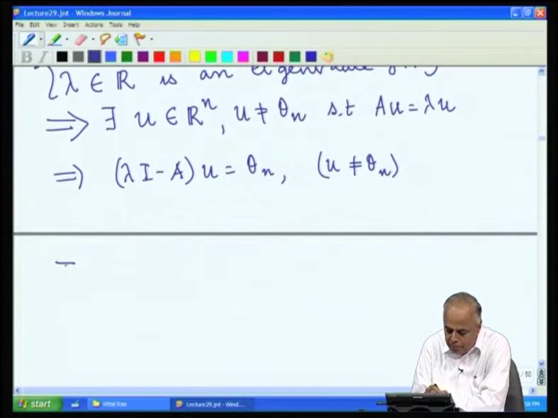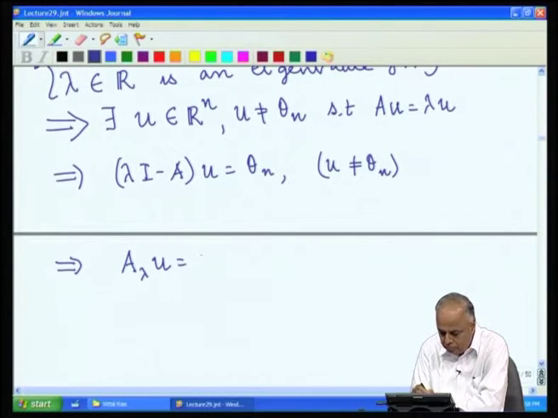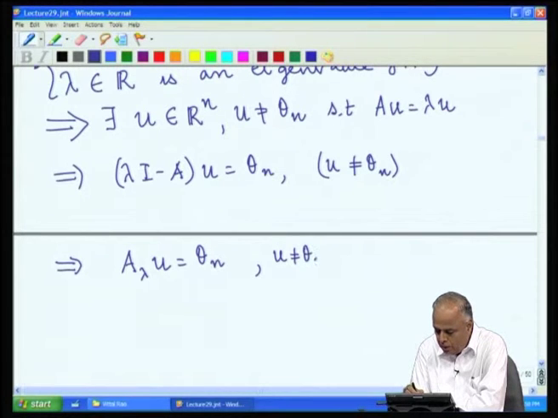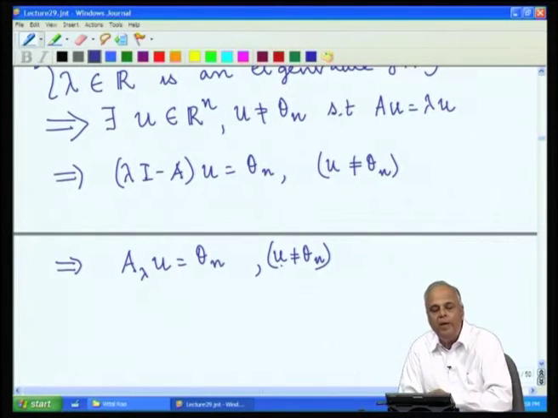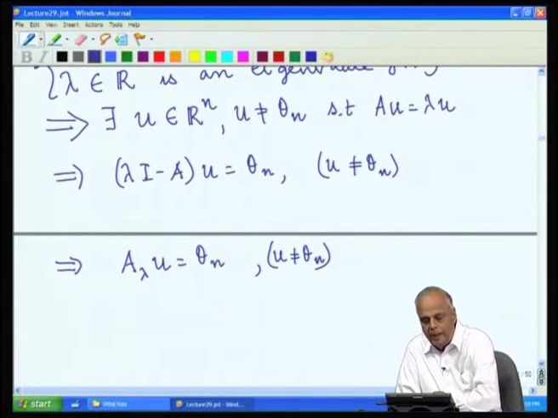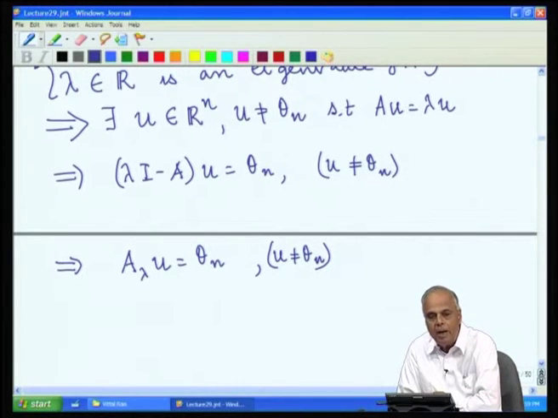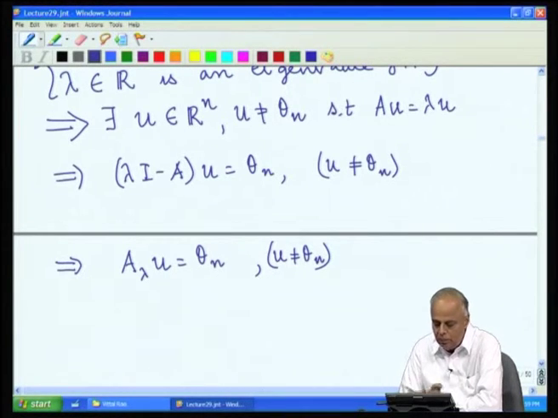Let us call this matrix lambda I minus A, for the time being, A sub lambda. If lambda were an eigenvalue of A, then there exists a vector u different from 0 such that A lambda u equal to theta n.